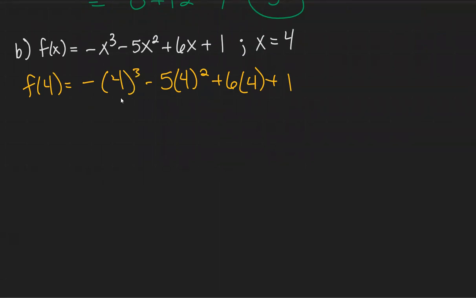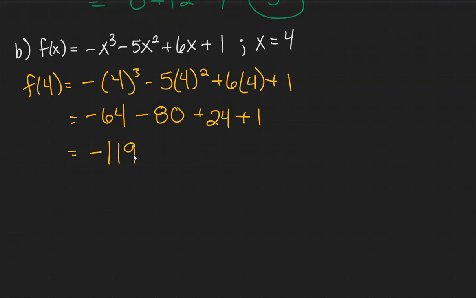That's 64, and then attach a negative, negative 64, minus 4 times 4 is 16, times 5, that's 80, plus 24, plus 1. And then you can put this in your calculator if you'd like. That's going to end up giving you negative 119.